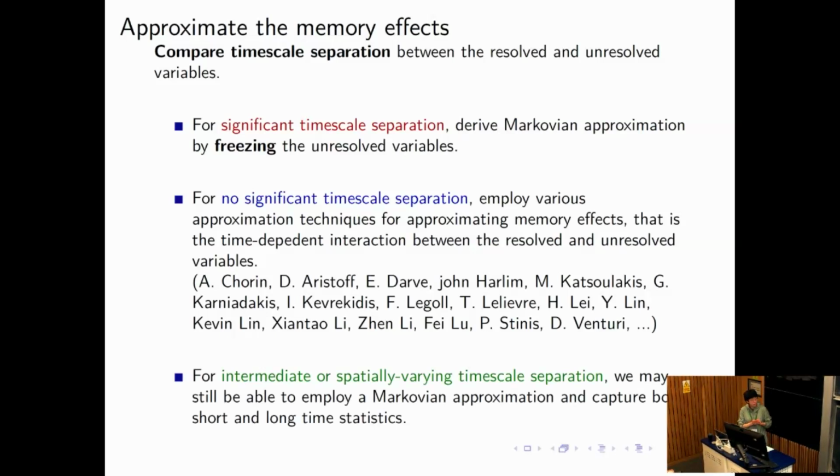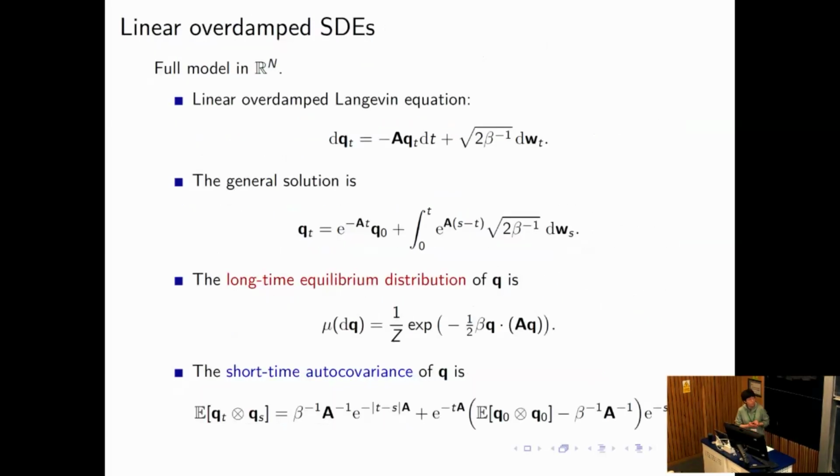For this intermediate and spatially varying type of simulation, we can derive a Markovian approximation by rescaling time appropriately, and the resulting model can capture both short time and long time statistics, as Sarah mentioned in the morning.